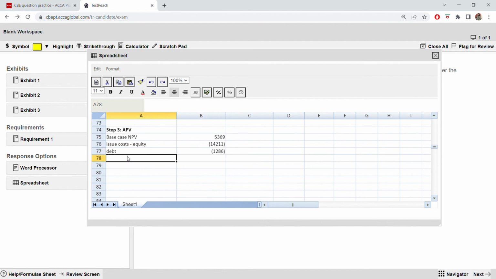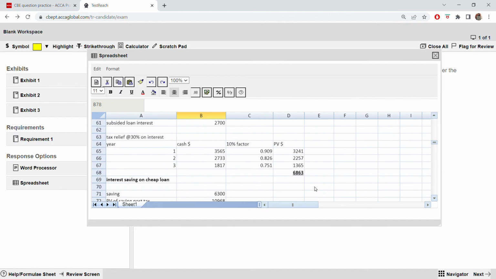Next, we have to add tax shield. Present value of tax shield. And what is it? Interest saved. Tax shield is how much? 6863. Where is it? This.